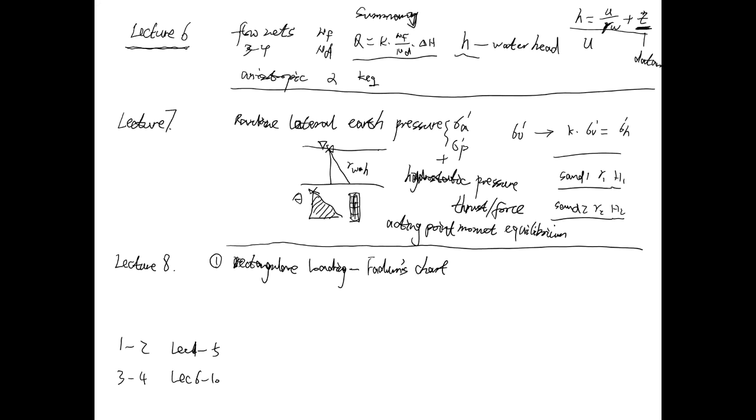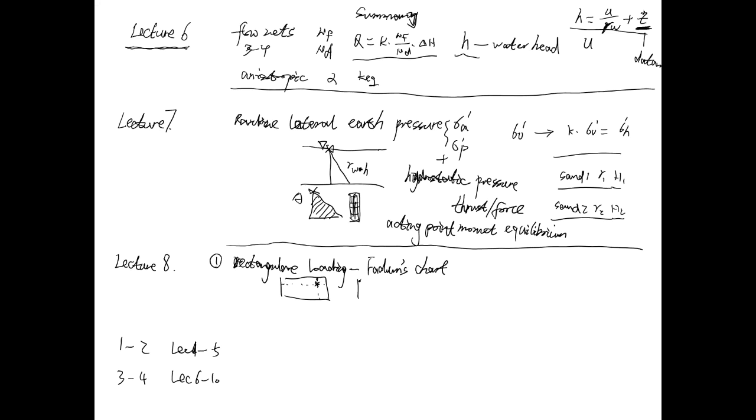You have to use the Fadum chart to work out the vertical stress increase due to this rectangular loading. Normally you have two scenarios. One is a point within the rectangular loading, so you split it into 4 rectangles. The point of interest has to be the corner of all the rectangles that you split. That's the most important part.